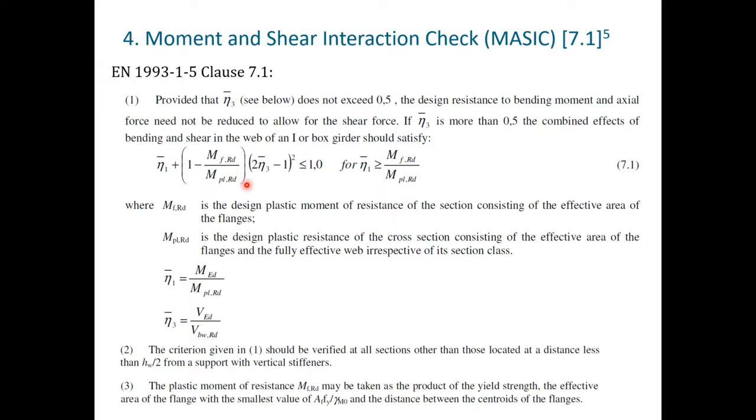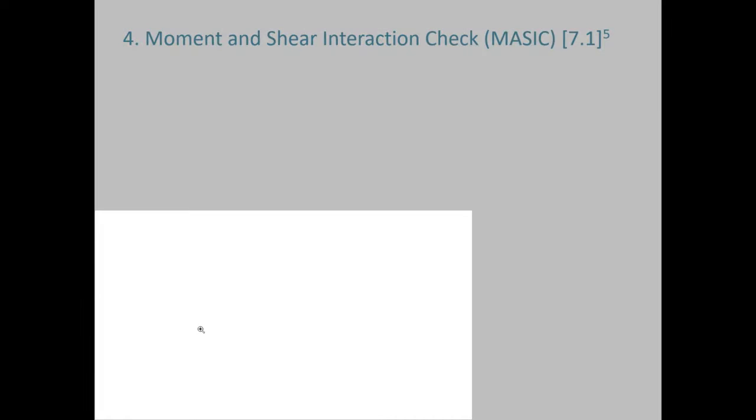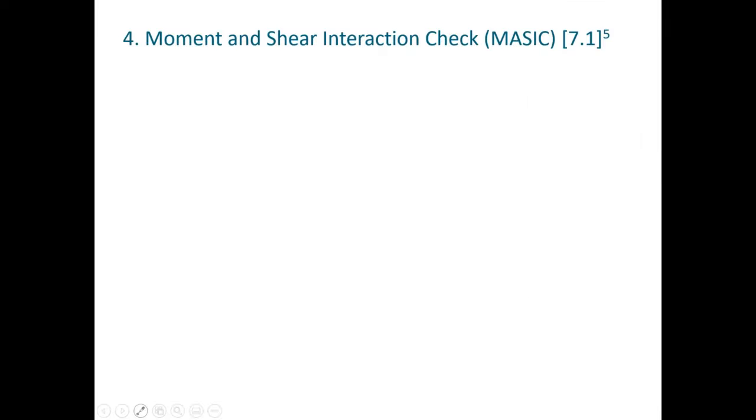And that's basically telling us that there's no need to check for moment and shear interaction if the shear demand is less than half the shear capacity of the web alone, then that means it's low shear, or if the moment demand in the panel is less than or equal to the capacity of the flange alone, then we're fine, we don't have to check for moment and shear interaction. Otherwise we do. So let's have a look at that. Let's start doing calculations.